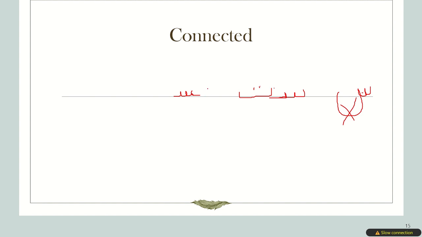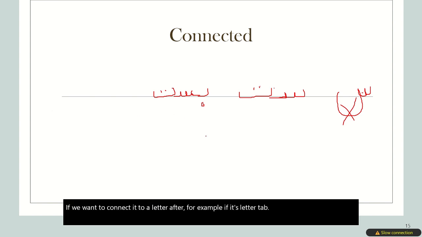For example, if there is ba before it and ta after it, it would be like that. Okay, of course, like in real life, writing would be much easier. Okay, but now you have an idea of how to write it.